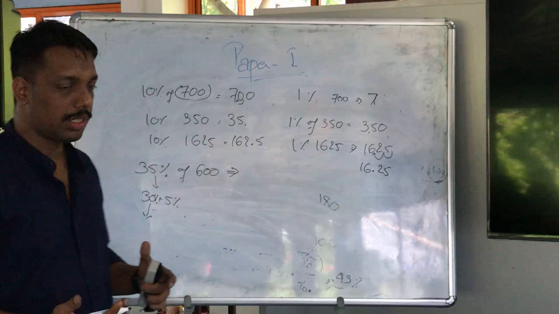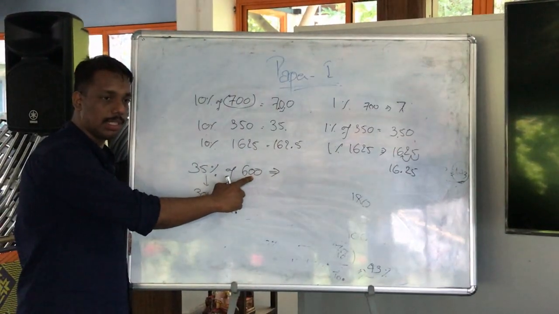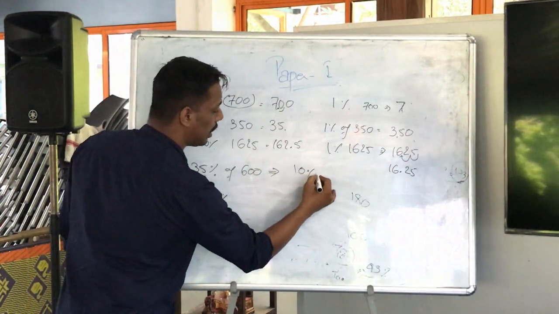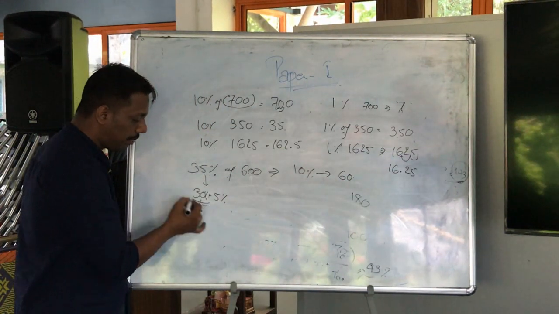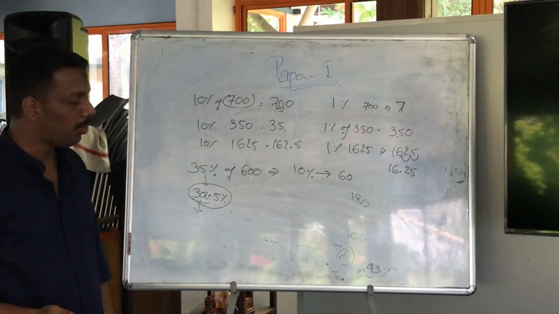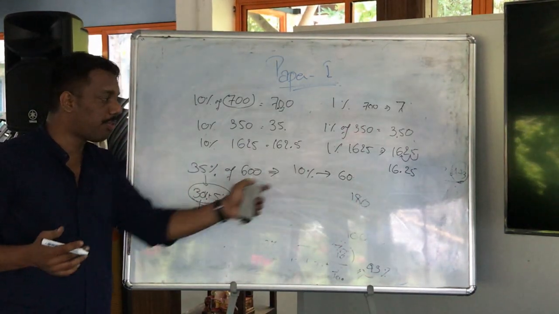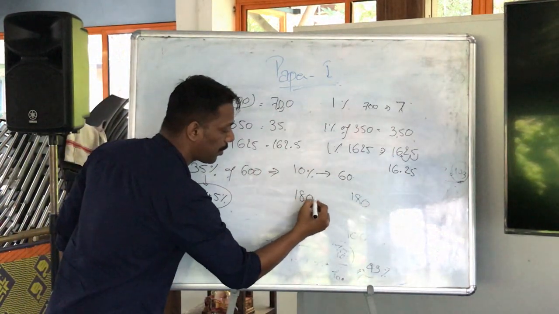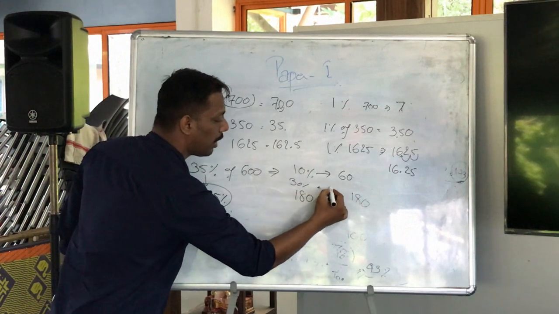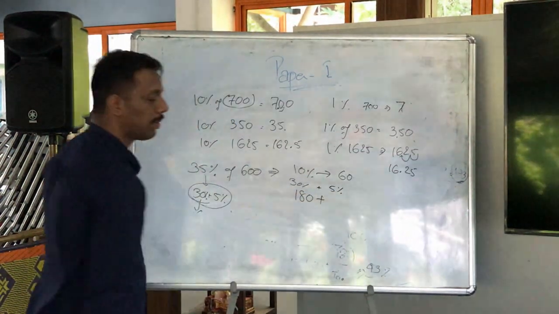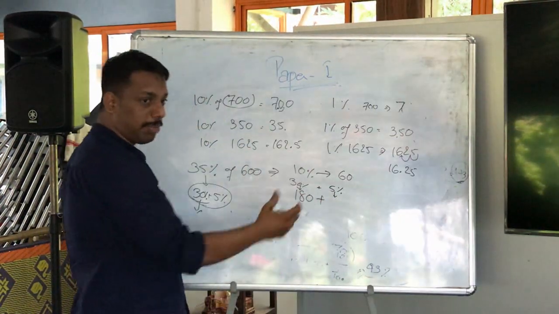For finding the 30%, you directly find 10%. If you know the 10%, in the first instance, you can very easily find 35%. How? 10% is 60. 30% is 3 times of 10, that's 180, right? This is 30%. Then you have to find out 5%.